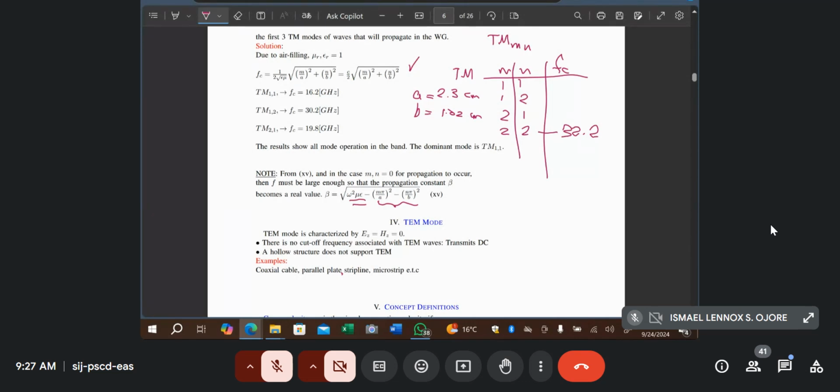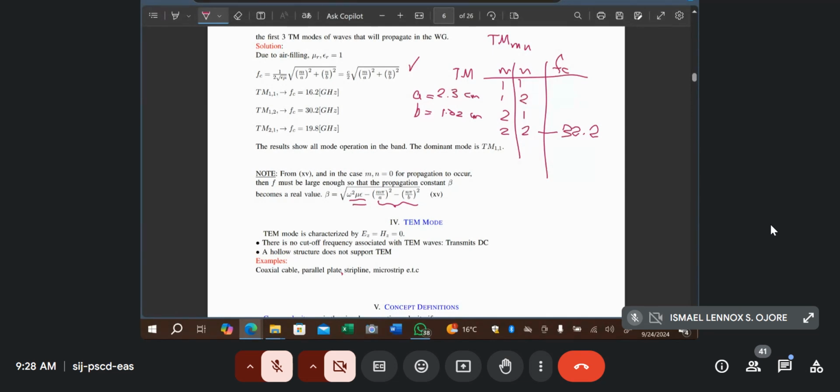Do you think air is a waveguide? I'd say it's not a waveguide.